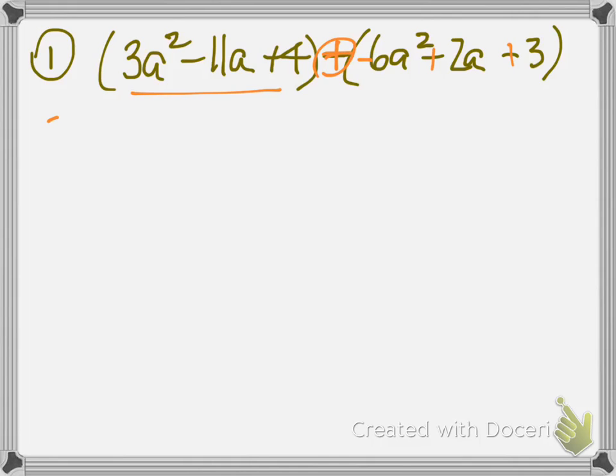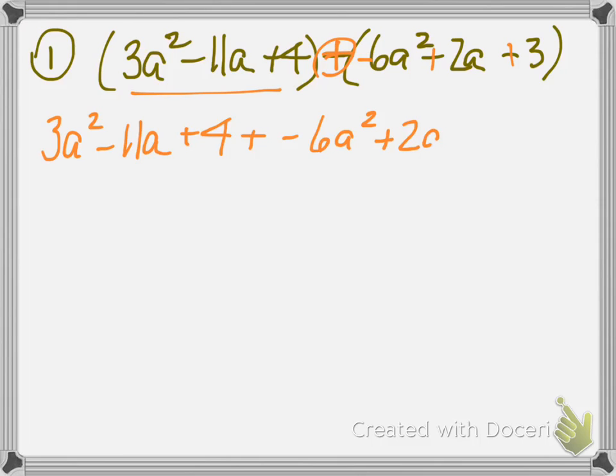I like to rewrite, so 3a squared minus 11a plus 4 plus negative 6a squared plus 2a plus 3. And of course you don't need this plus the negative there, but that's just the way it came out.